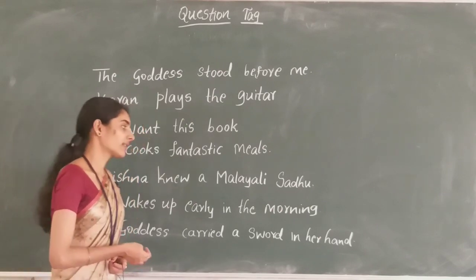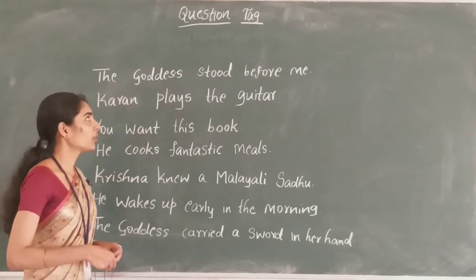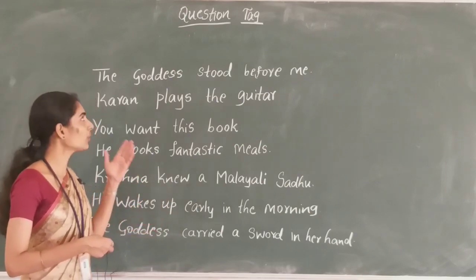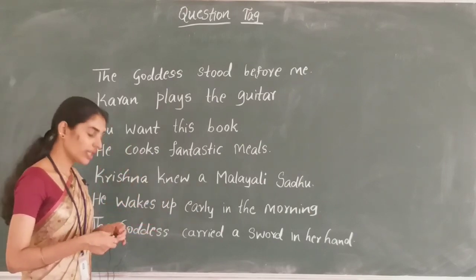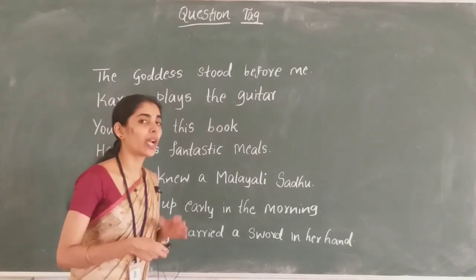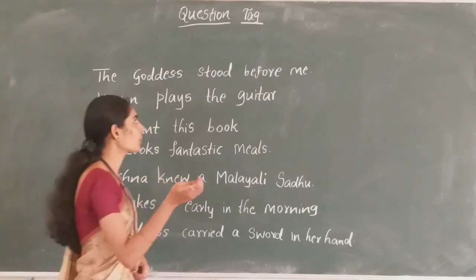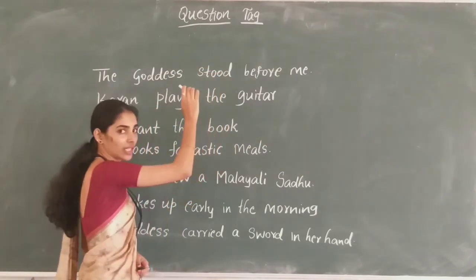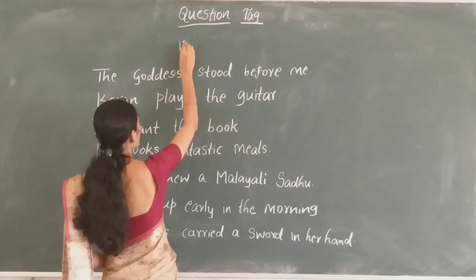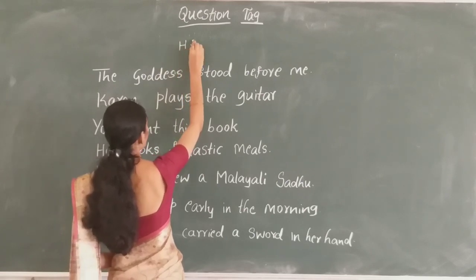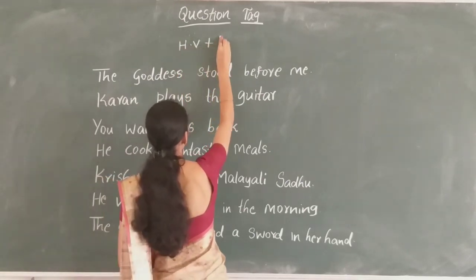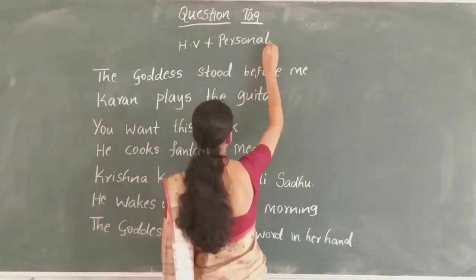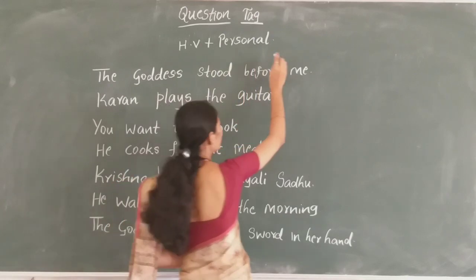So now let's get back to our class. Let's recall a few things that we discussed yesterday related to question tags. What are the things that we need to keep in mind while framing question tags? The first one, the structure. We frame question tags by using helping verbs or auxiliary verbs, and then personal pronouns. I hope you remember the personal pronouns.